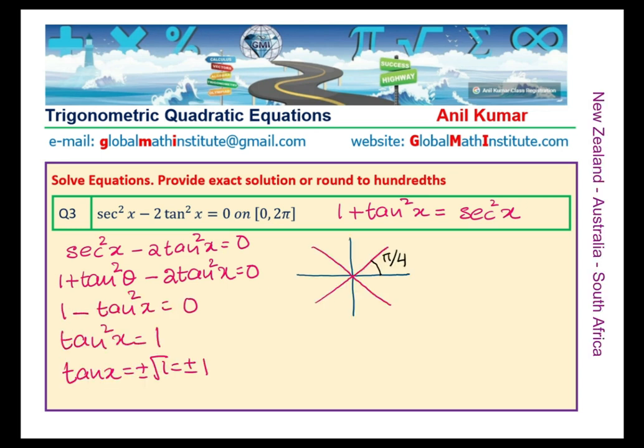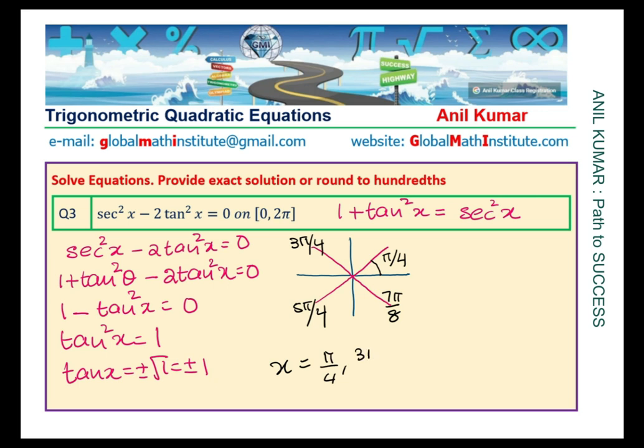So we have pi by 4, 3 pi by 4, 5 pi by 4, and 7 pi by 4. So we get the value of x as equals to pi by 4, 3 pi by 4, 5 pi by 4, and 7 pi by 4. Perfect. So I hope you have understood the method of solving it.